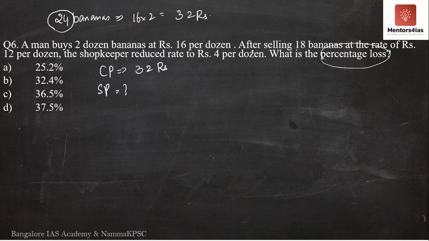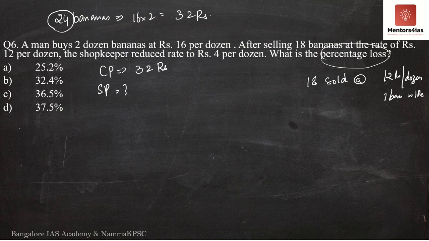The question says after selling 18 bananas at the rate of rupees 12 per dozen, meaning 18 bananas are being sold at 12 rupees per dozen. 1 dozen contains 12 bananas, or 12 rupees per 12 bananas. This is nothing but 1 banana costing 1 rupee.